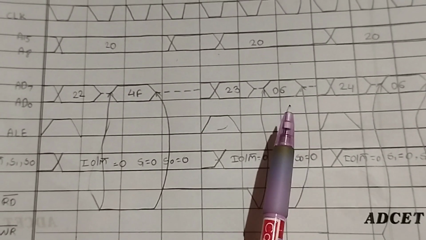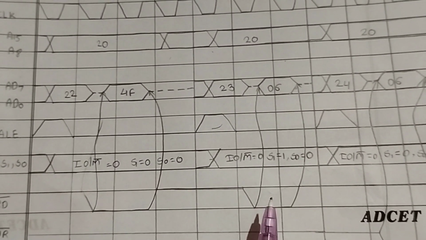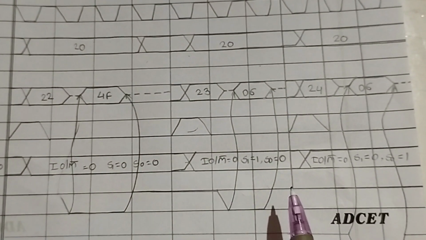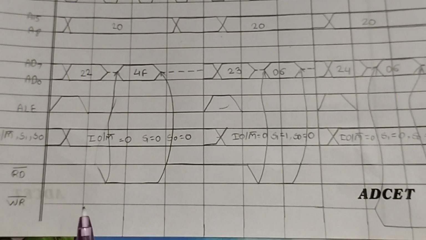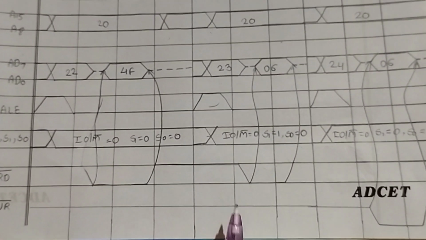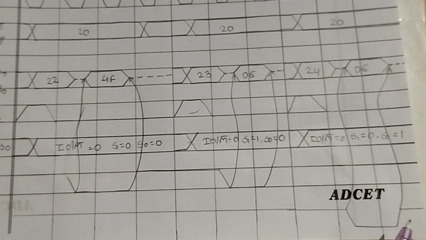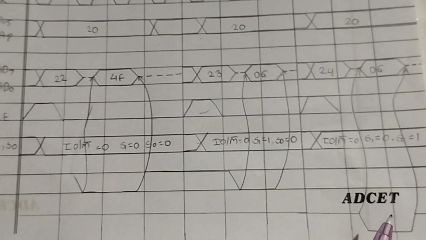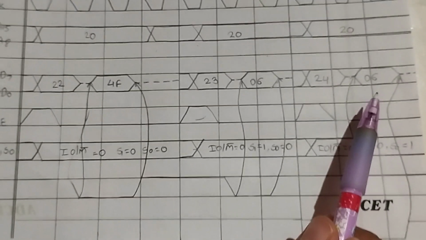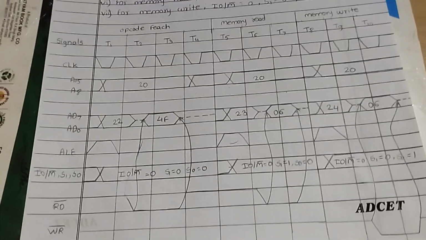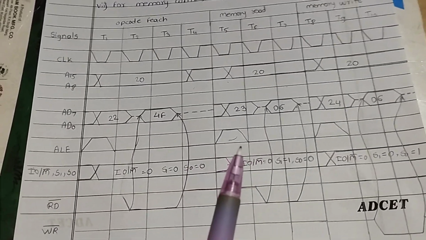Then we read the data, so again we pull the read signal low, then hold the read signal high for the write machine cycle. Then the write signal for the opcode fetch and the read machine cycle is high, and when we write the data, at that time the write signal goes low. I hope you understand how to draw the machine cycle for this instruction.